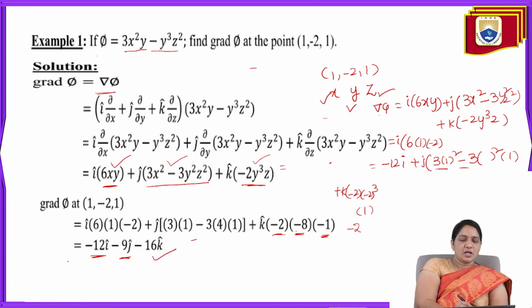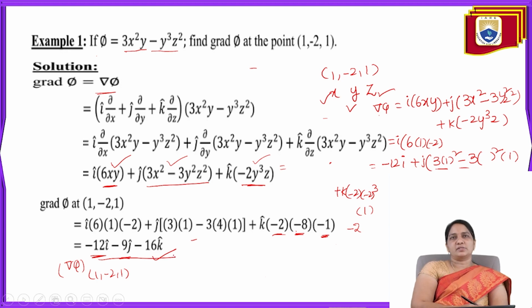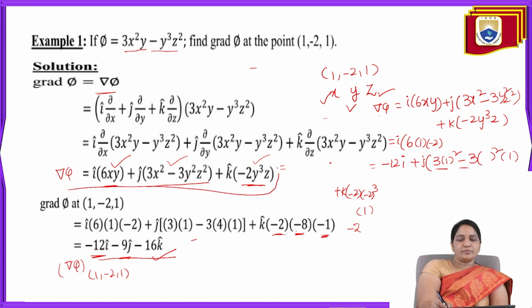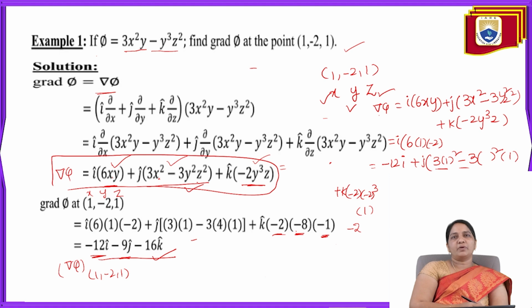So this is the grad pi at the point 1 comma minus 2 comma 1: minus 12i minus 9j plus 16k. If they're asking only for del pi, calculating ∂pi/∂x, ∂pi/∂y and ∂pi/∂z up to the previous step is enough. If they're asking at the point, we have to substitute the x, y and z values in the grad pi function, then we get the value like this.